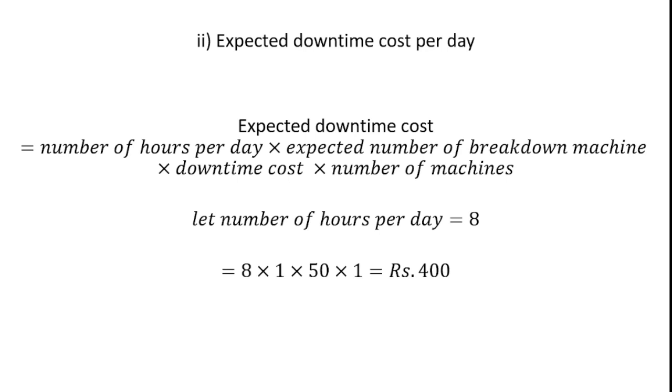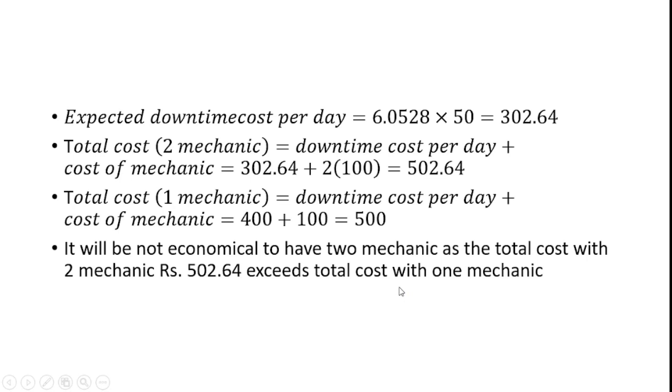In this formula, the number of machines is 1, the expected number of breakdown machines is 1, and the number of mechanics is 1, so I get 400. I substitute: the downtime cost per day is 400 plus the cost of one mechanic, 100, so 400 plus 1 into 100 is equal to 500.